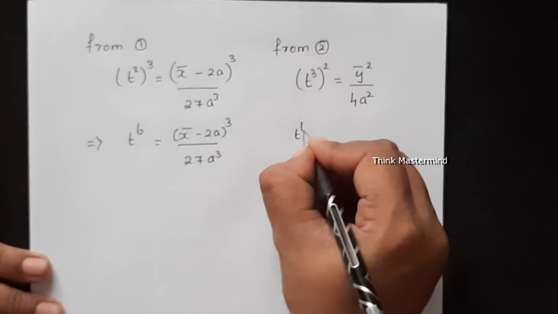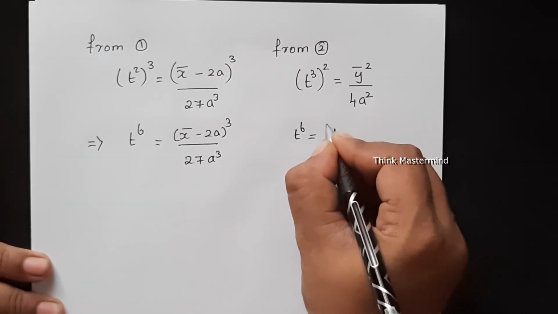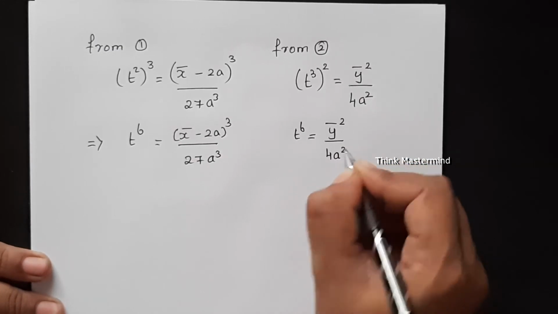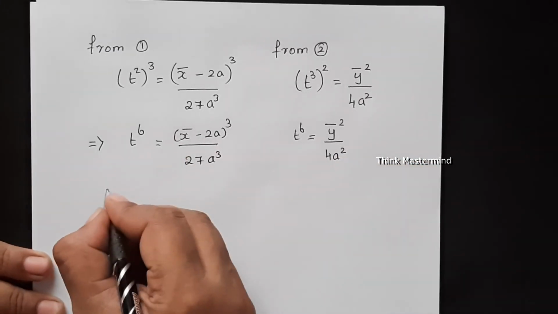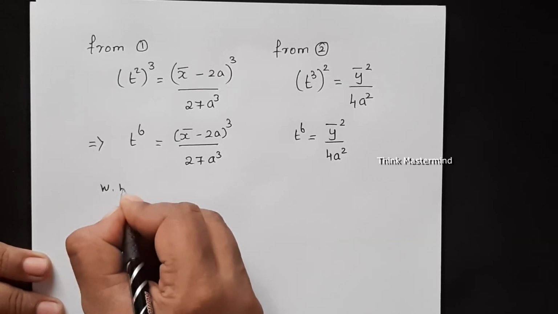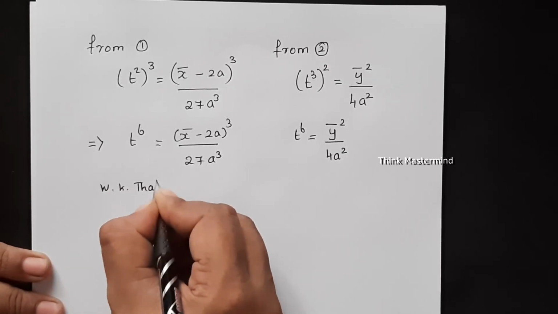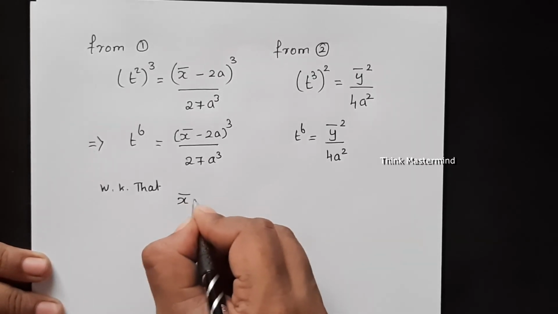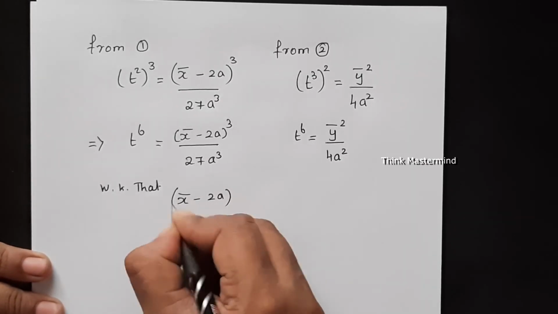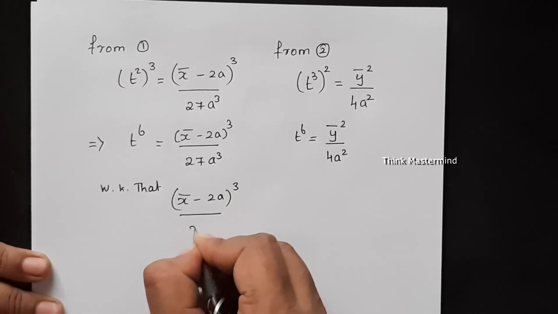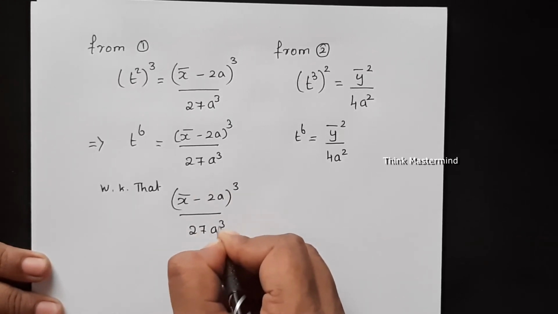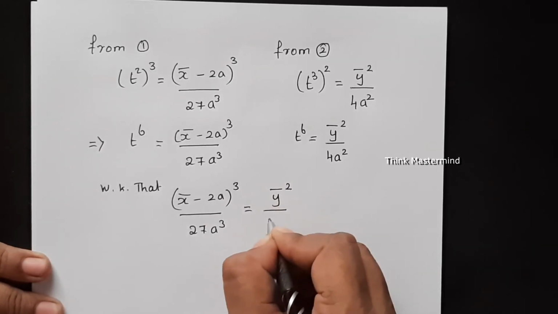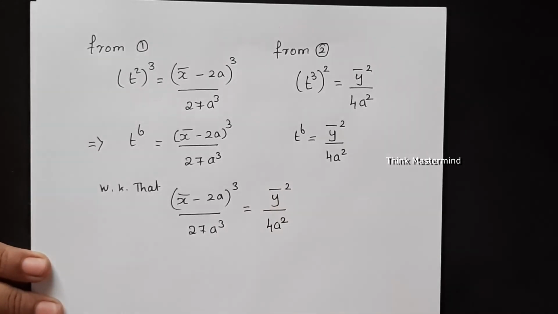Here t power 6 is equal to y bar squared by 4a squared. From these two we know that the right hand sides are equal, that is x bar minus 2a the whole cube by 27a cube is equal to y bar squared divided by 4a squared.